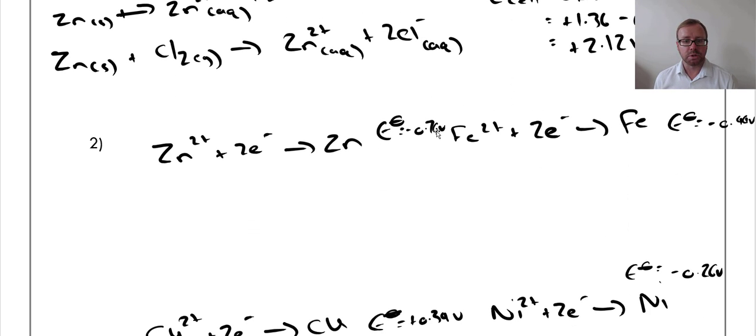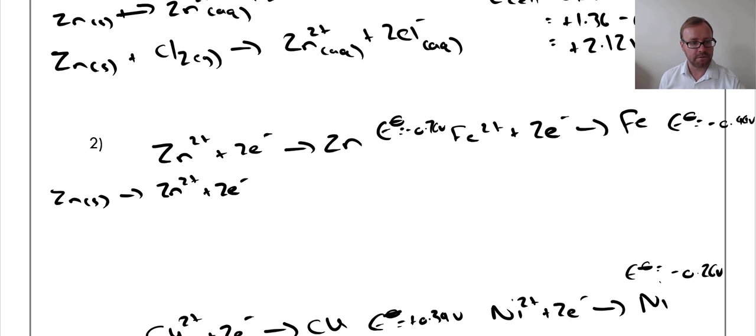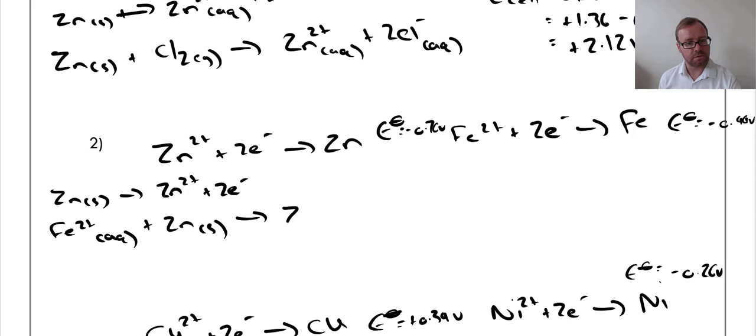Again, I've got Zn, which is minus 0.76, and I have Fe2+, which is minus 0.44. So the most negative will still be oxidized, which again is my Zn. So I change this to my oxidation, and now I can write the full equation. So Fe2+(aq) plus Zn(s) forms Zn2+(aq) plus Fe(s).